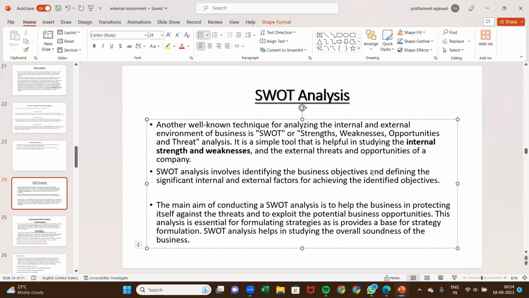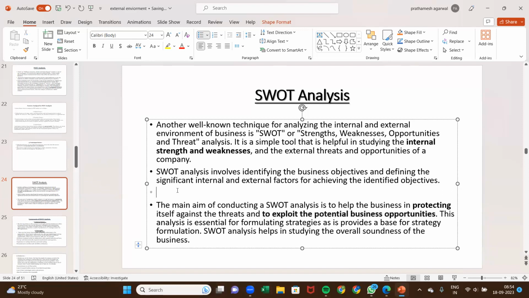The aim of conducting a SWOT analysis is to help the business in protecting itself against the threats and to exploit the potential. Exploit means to make use of the business opportunities which are outside.